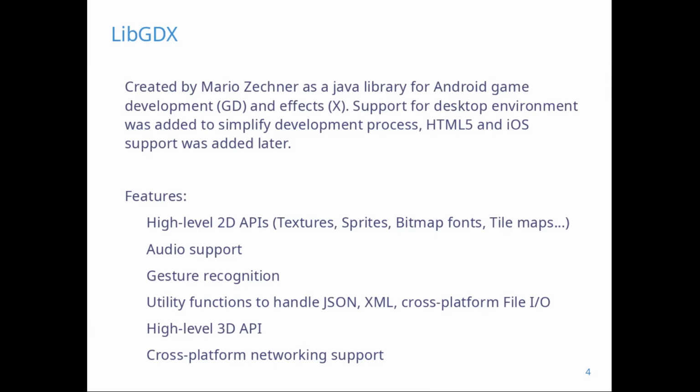And quickly a community grew around it that designed support for iOS, and they also provided support for HTML5, where this Java code was compiled into a version of JavaScript using Google Web Toolkit.